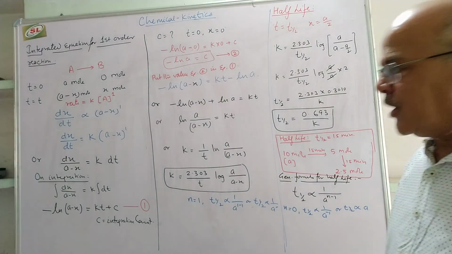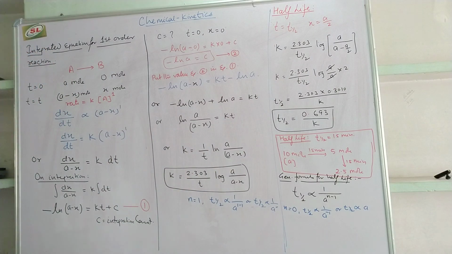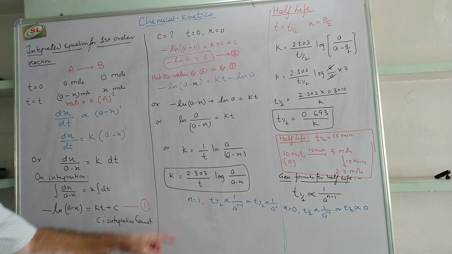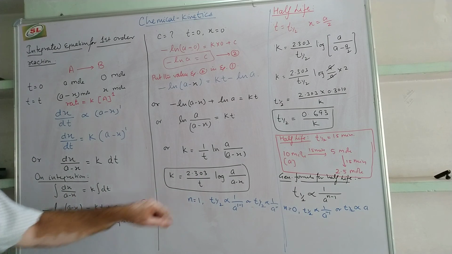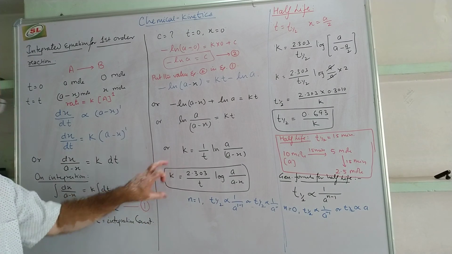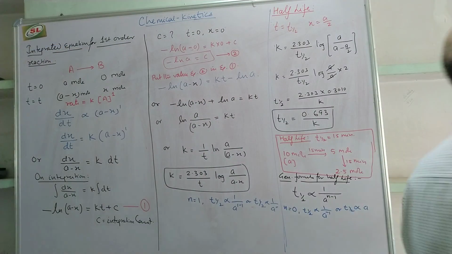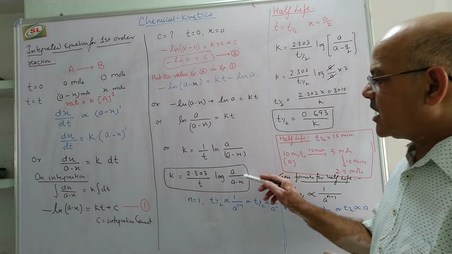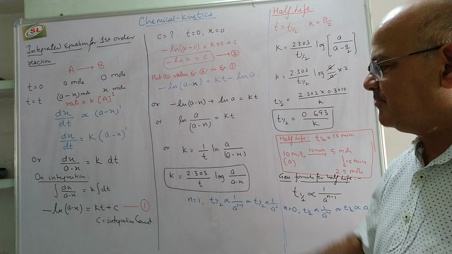Now we convert the ln into log to the base 10. So k is equal to 2.303 upon t log a upon a minus x. By using this equation, we can find the time of the reaction, the rate constant, and the amount of reactant left after time t.